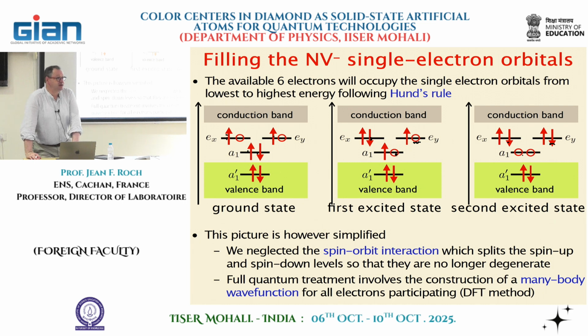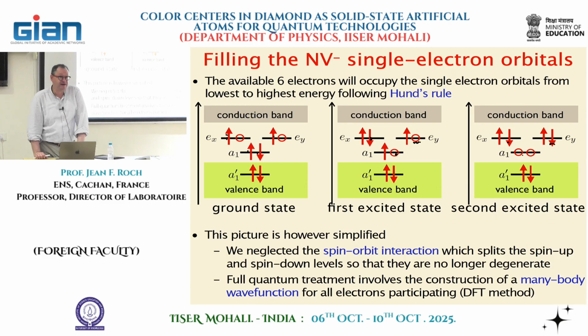But the picture is somehow oversimplified. We have neglected a few things. First, we neglected the spin-orbit interaction that splits the spin-up and spin-down levels, so that somehow they are no longer degenerate. You know that the spin-orbit interaction will split that into different components.